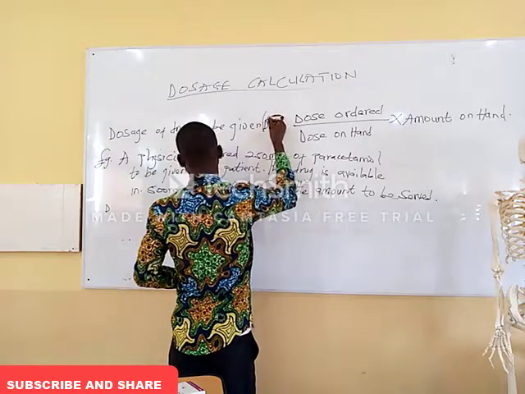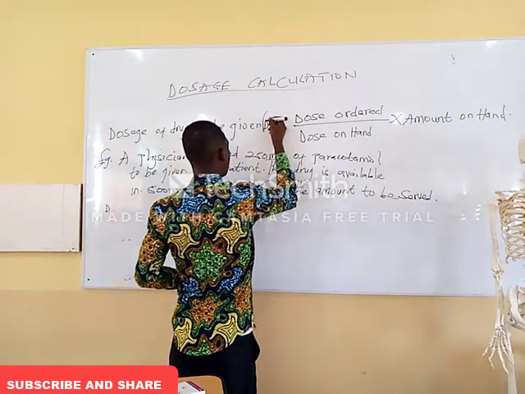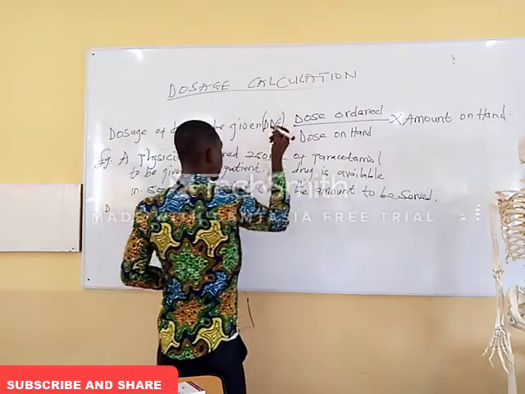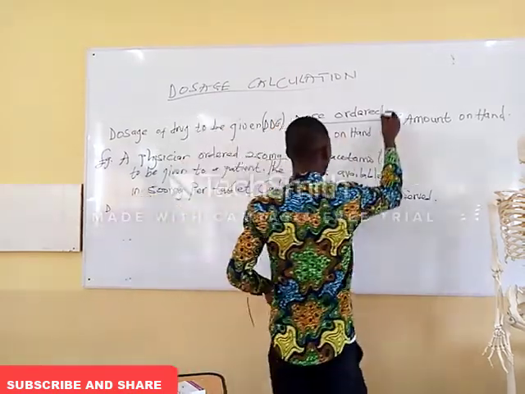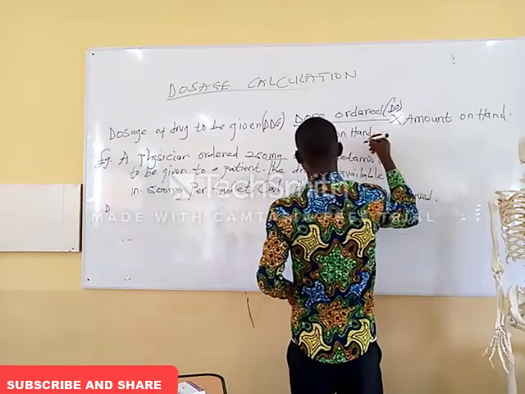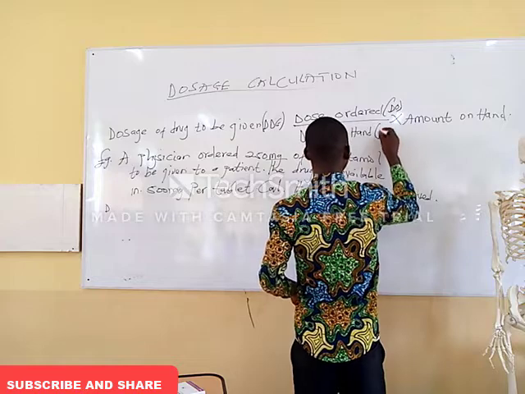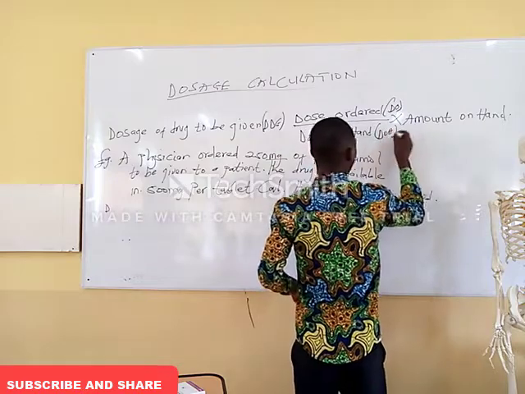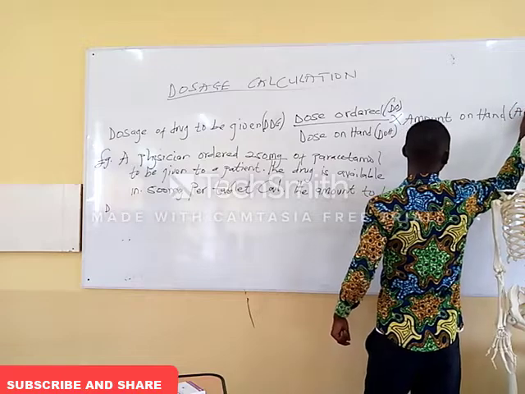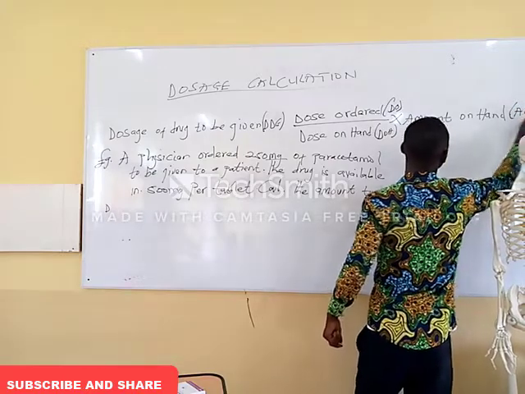So let's use D for the dose of drug to be given. And dose ordered, let's say DO. And dose on hand is DOH. And amount on hand becomes AOH.